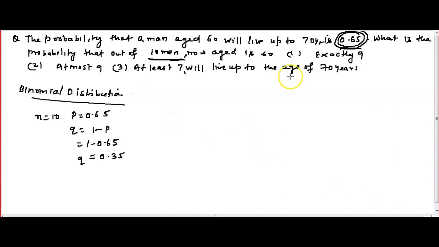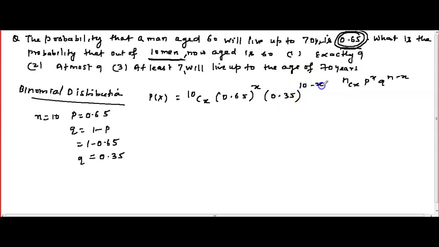So here the formula we know for the binomial distribution is nCx p to the power x q to the power of n minus x. Substituting in this, n is 10, so 10Cx, p is 0.65 to the power of x, and q is 0.35 to the power of n minus x, which is 10 minus x.